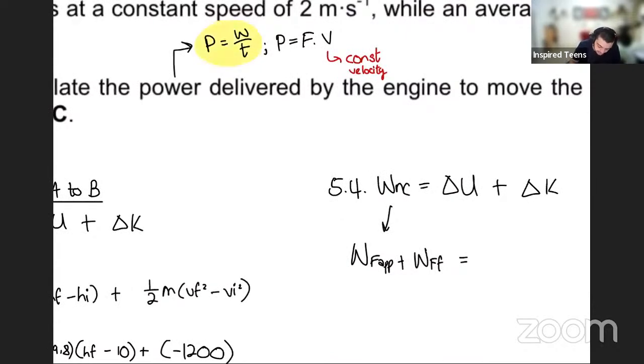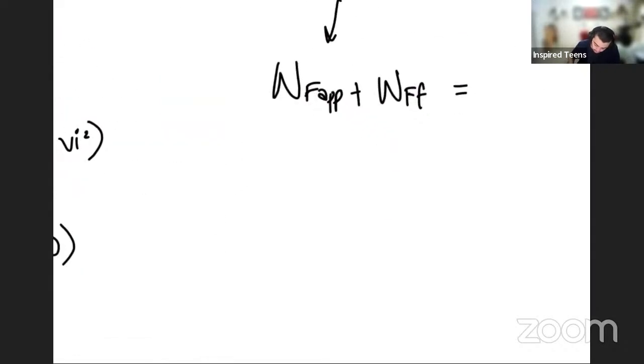In that case, we would need the work done by applied to calculate the power done by applied. So we don't open this up. We leave it as the work. I'm going to call it the work done by the engine, plus frictional force. Now, frictional force, remember, this is going to be frictional force times delta x times cosine theta. Okay, so we're going to calculate work done by engine, so we can substitute it into the power formula.